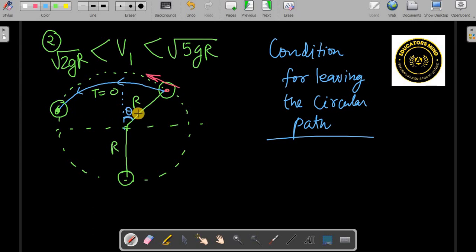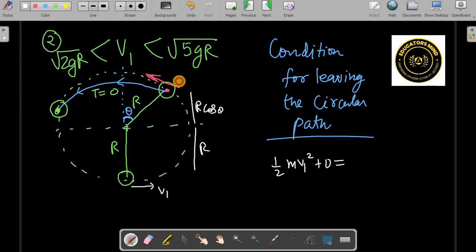This angle is theta from the vertical. We can calculate that. How? You can take this height: this height will be r cos theta, and this height is r. Apply energy conservation. At the bottom the speed is v1, so half m v1 square, with potential energy 0.